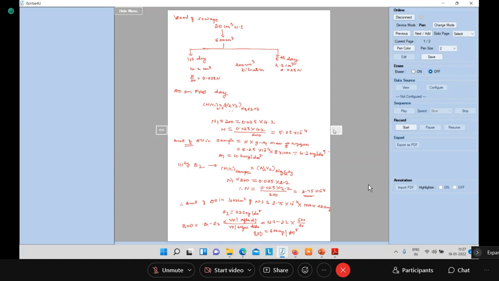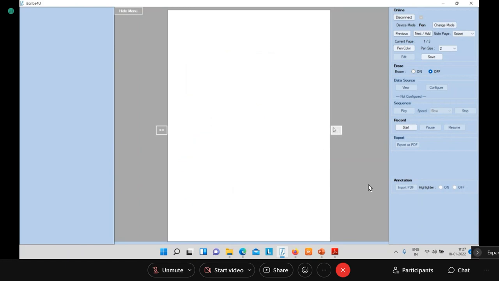There is one more type. Directly they will give. Just note down this problem. This is also solved, but I want to just write it and solve.